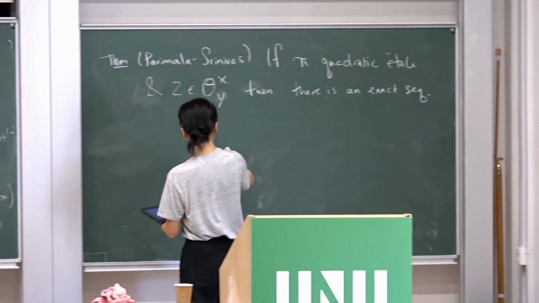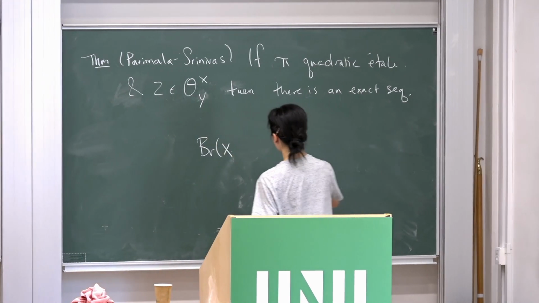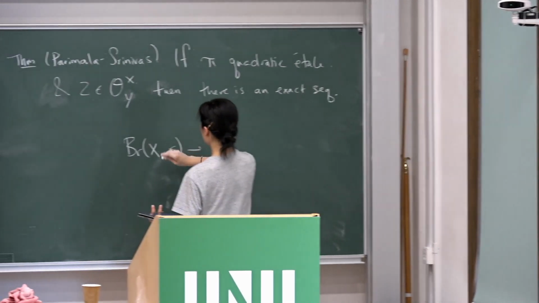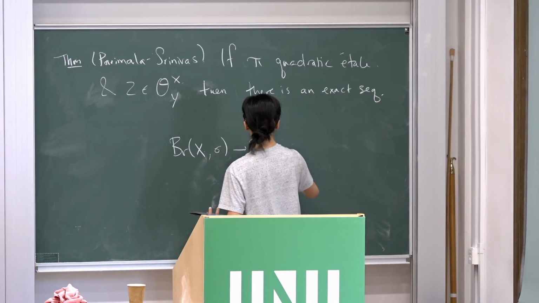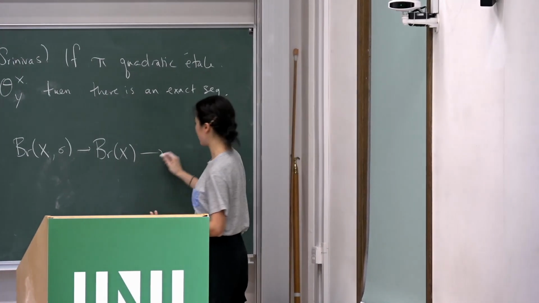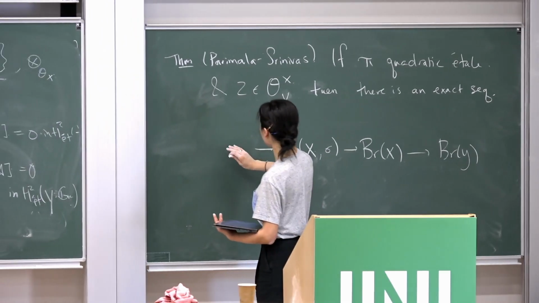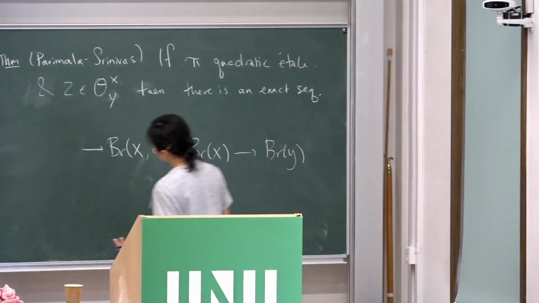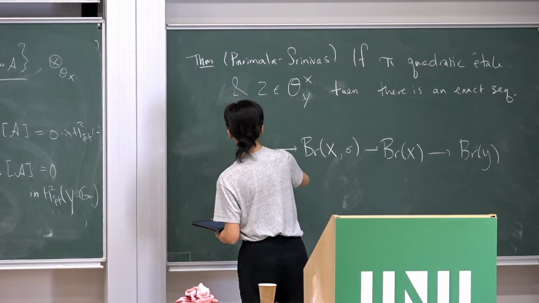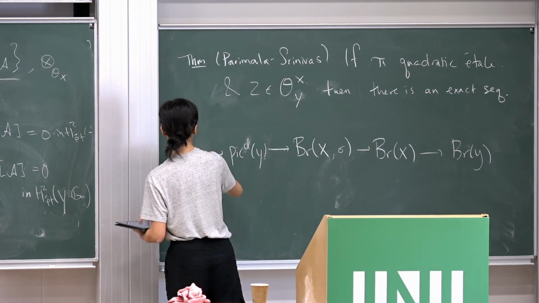If I take the involutive Brauer group of X, I can forget the involution. That lands me in Brauer of X. The cohomological transfer map goes from Brauer of X to Brauer of Y, and I can continue this exact sequence to the left with Pic, classical Pic of Y and classical Pic of X.